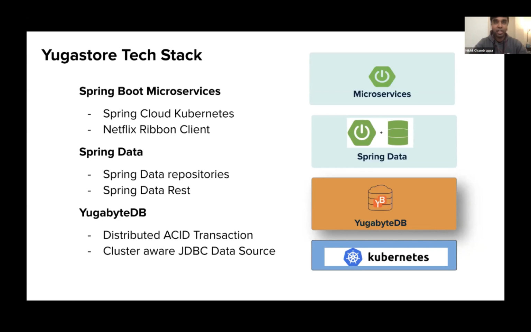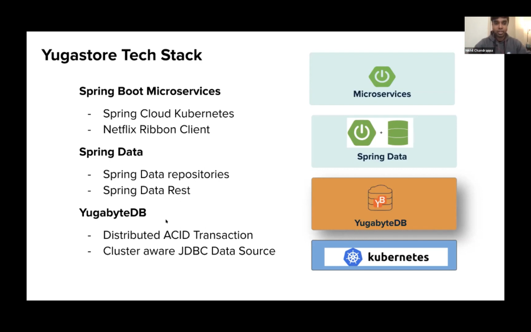For the developer, all we need to know is a bunch of annotations, and we can quickly start prototyping an app using Spring. Behind the scenes, we are using YugabyteDB, which supports distributed ACID transactions. The other thing we are going to talk about later in the presentation is the cluster-aware JDBC data source that Yugabyte provides, which brings the NoSQL world to the SQL JDBC drivers.